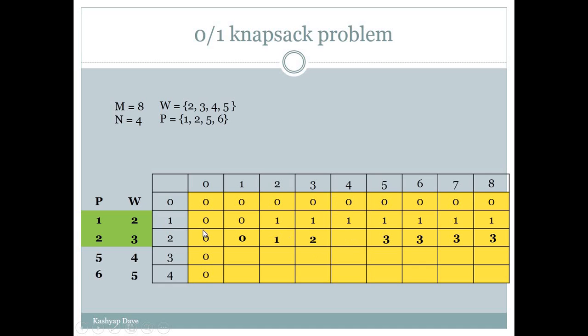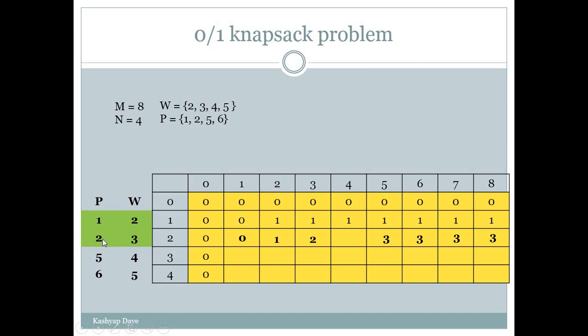Here look at 2 and 3, 2 plus 3 will be 5. 3 will have profit of 2 and 2 will have profit of 1. So for 4, if we include only 2, then our profit will be 1, and if we include only 3, then our profit will be 2.